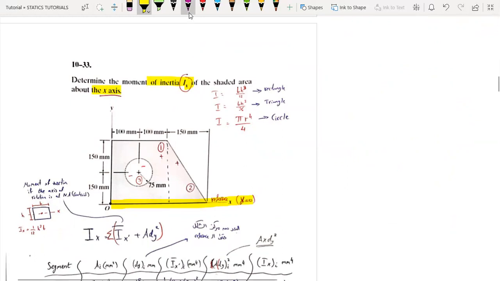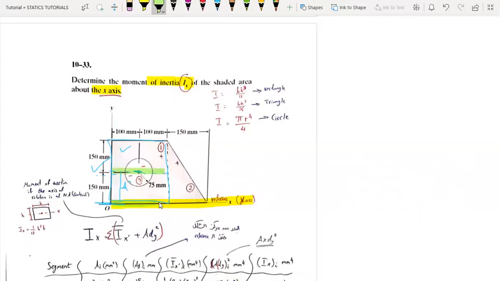Here we must use the parallel axis theorem. Why? Because the centroid, the moment of inertia of this rectangle will be in the middle, of course, and also the moment of inertia of the circle will be in the middle, but it's required about this axis. So we will say I bar plus the area of the rectangle multiplied by d squared, which is the distance from this axis to this axis.